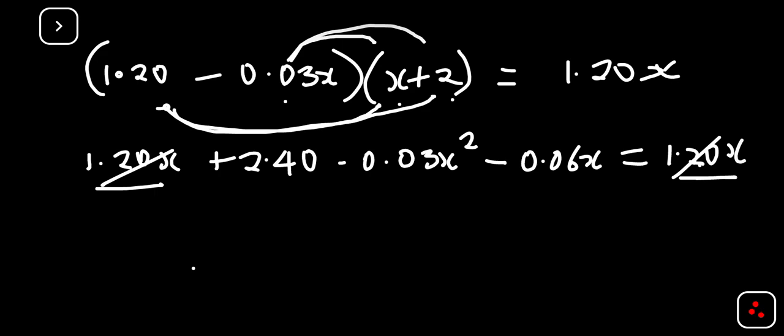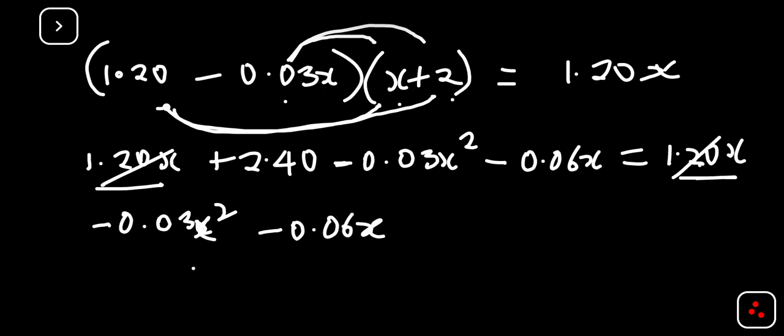If we rearrange, we are left with minus 0.03x squared, minus 0.06x, plus 2.40, and this is equal to 0, since we cancel out.